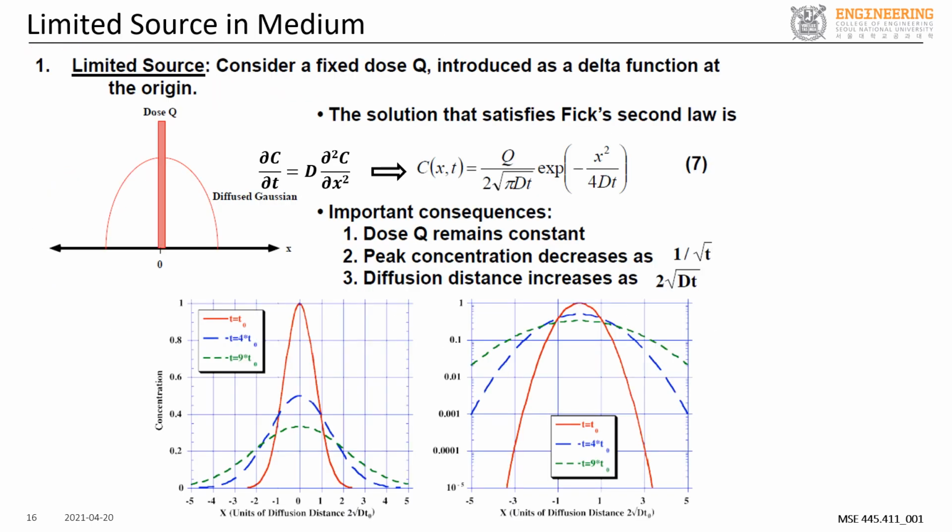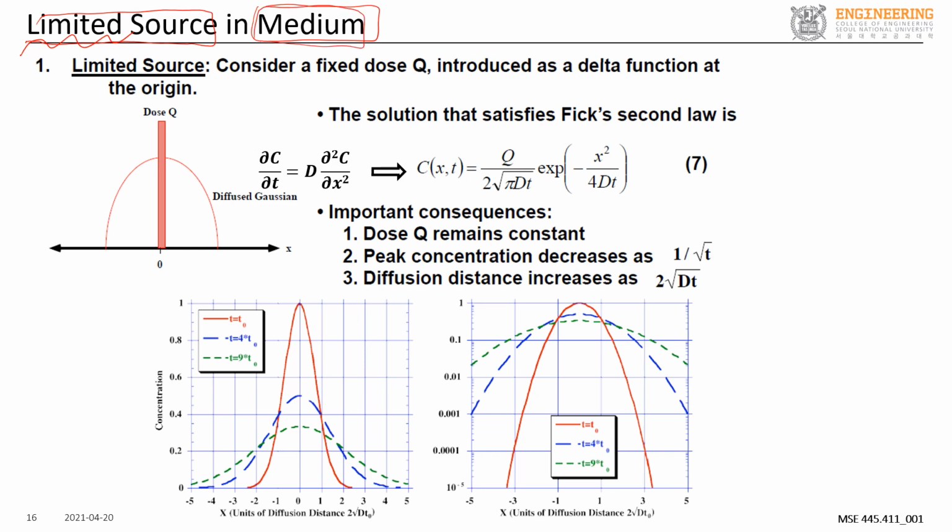The first case is something called limited source in medium. Limited means you put in a certain amount, but you never add more later on, so the total amount is fixed in your whole structure or medium.